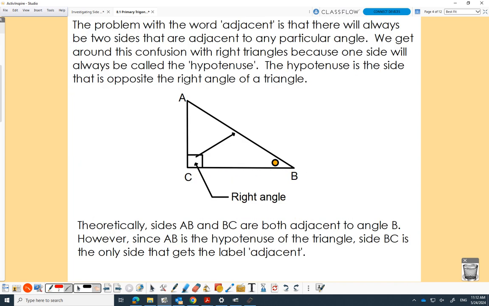The problem with the word adjacent is that there will always be two sides that are adjacent to any particular angle. For instance, if I use this angle here, you might go, but BC and also AB are adjacent. But no, that's not how it's going to work out. Because what's AB? Before this question even starts, we gave it another name. The side AB, what's that thing called?